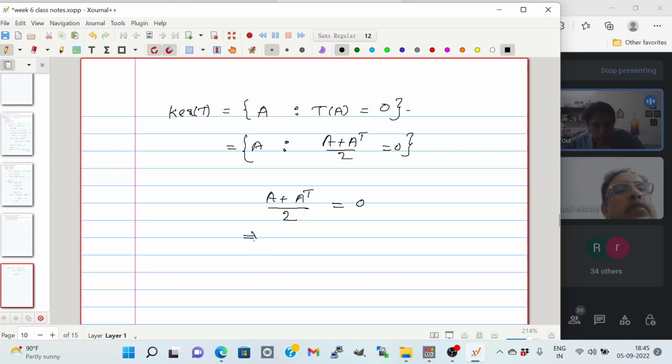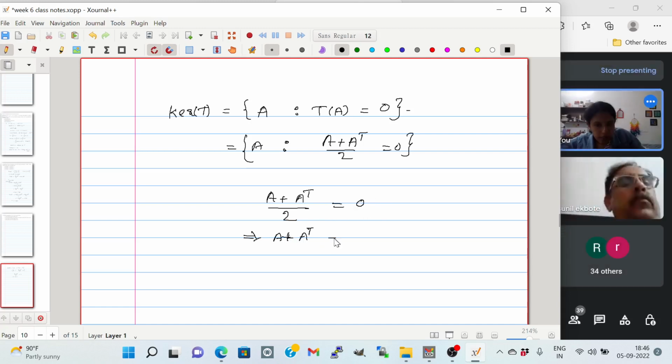You should note that this 0 is a 0 matrix, not our usual 0. That means A plus A transpose is our 2 by 2 zero matrix. This means A equals minus A transpose.